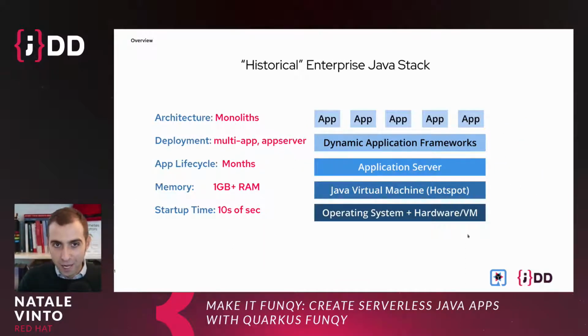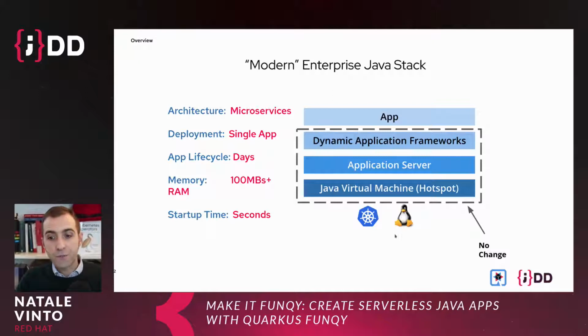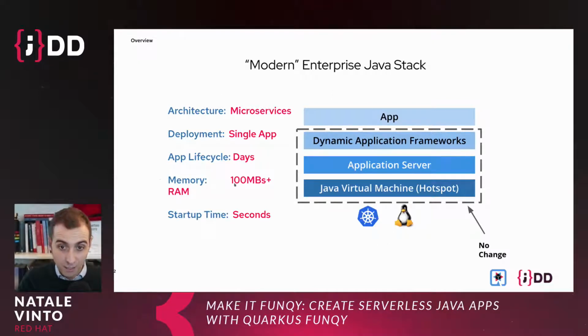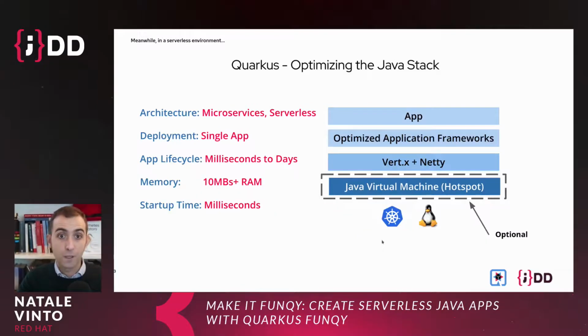Historically, the enterprise Java stack was like this. We have our monolith and we have our framework, application server, Java virtual machine, operating system, and some hardware. Today is different. Today there's Kubernetes at the bottom of our application. So our app is running into a container as a microservice, and it's mostly running on Kubernetes and Linux.